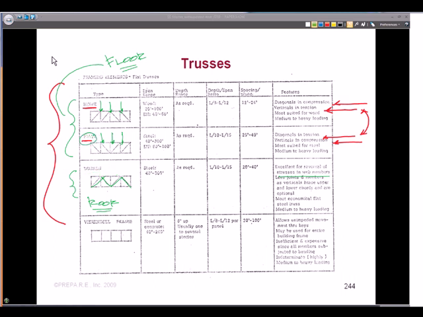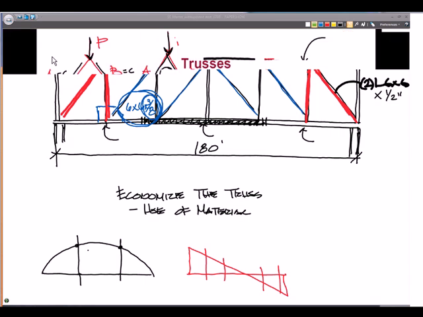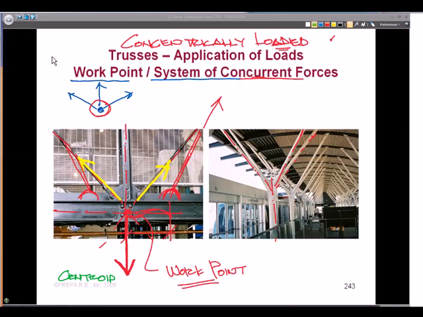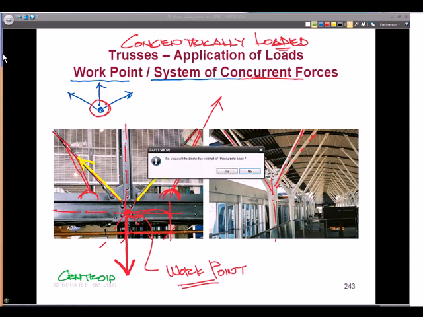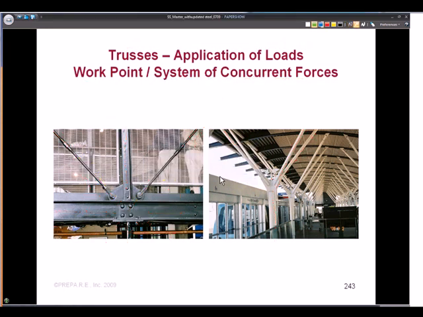Versus a Pratt truss, if these are slender diagonals, such as what we saw in this footbridge, okay, I can just keep it on the blow-up picture, I guess. With the footbridge, we have these slender diagonals, and if it was ever subjected to an uplift force, these members would go into compression, and threaded rods are not very good in compression.